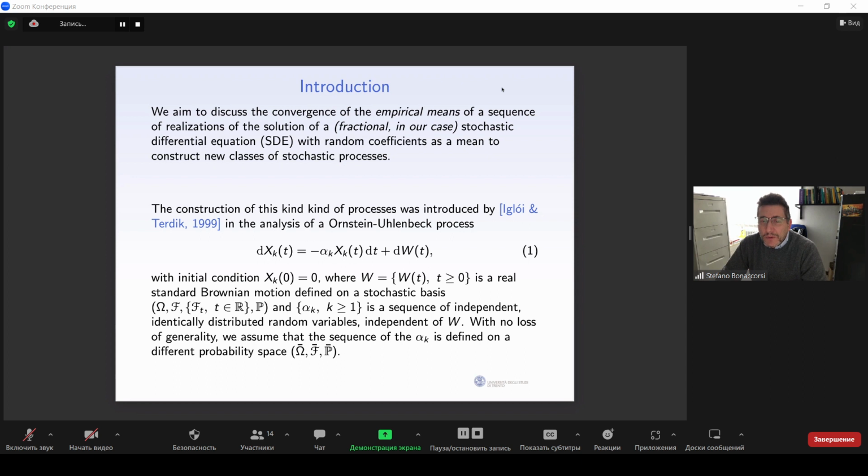So as you see in equation 1, we have two sources of randomness, the alpha_k, which is the coefficient in the Ornstein-Uhlenbeck problem, and the noise.